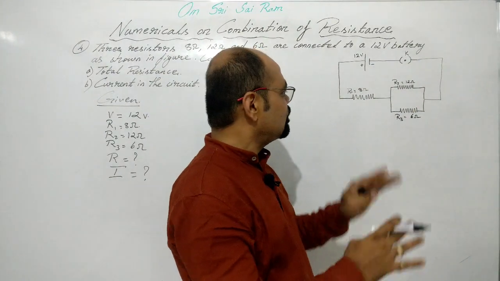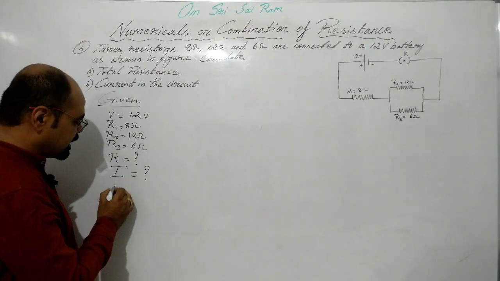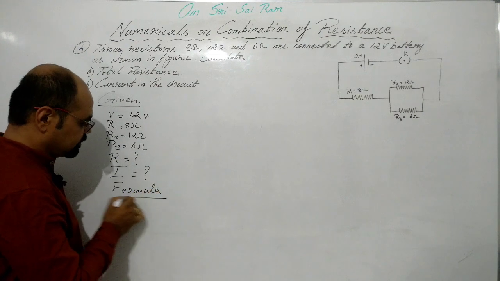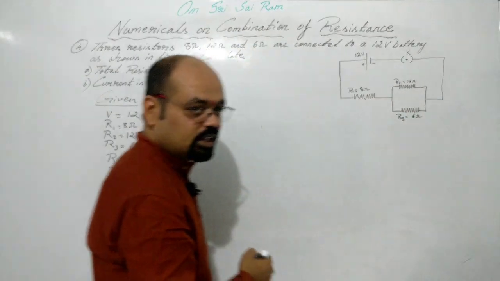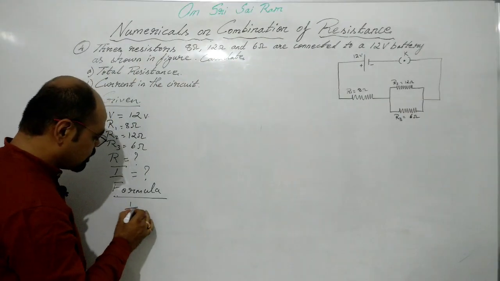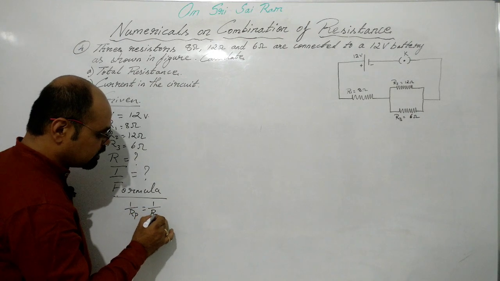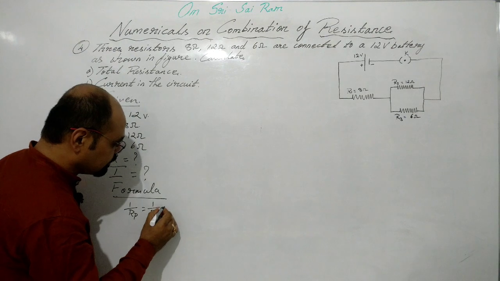So let's now write the formula based on this. We need the total resistance, so first we need to calculate the parallel resistors. So I will write here 1 by Rp is equal to 1 by R2 plus 1 by R3.